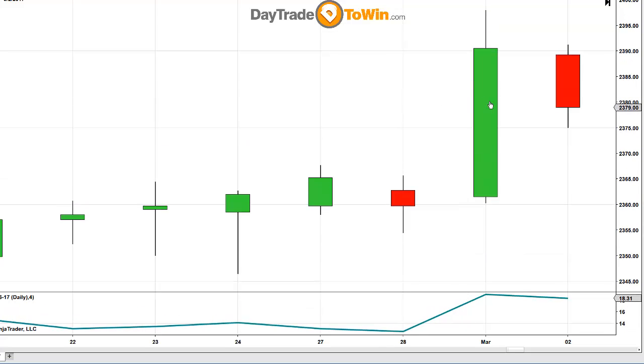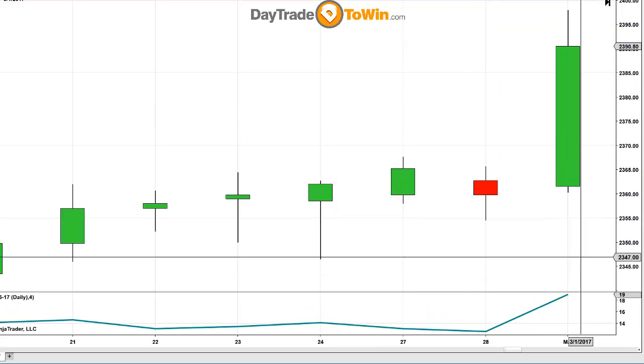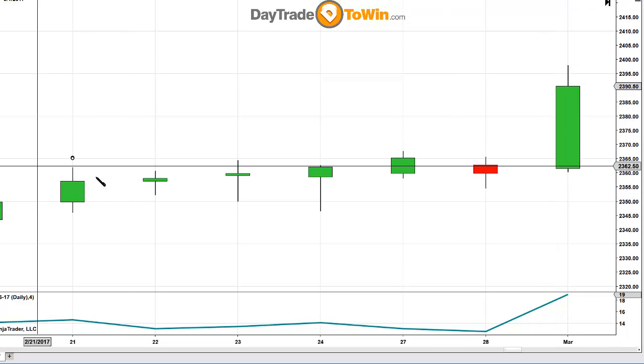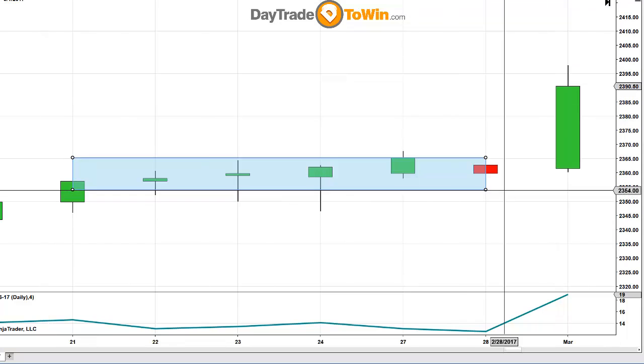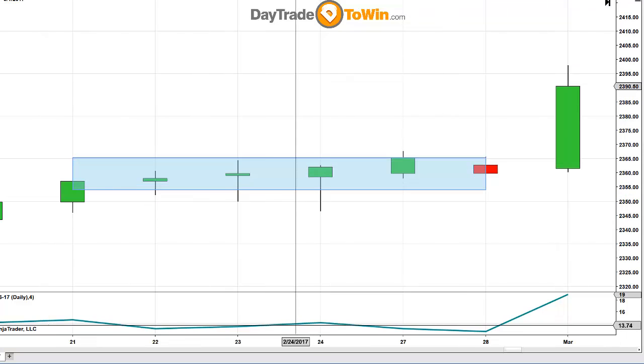This green candle right here, this happens to be, looks like March 1st, 2017. When you see a day like this, everything was slow and steady, right? Every day has the same high to low range. I'm going to say 13 to 14 points. A cycle. They happen in groups.